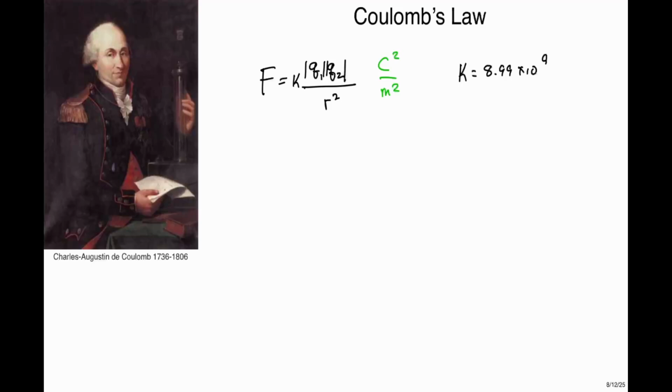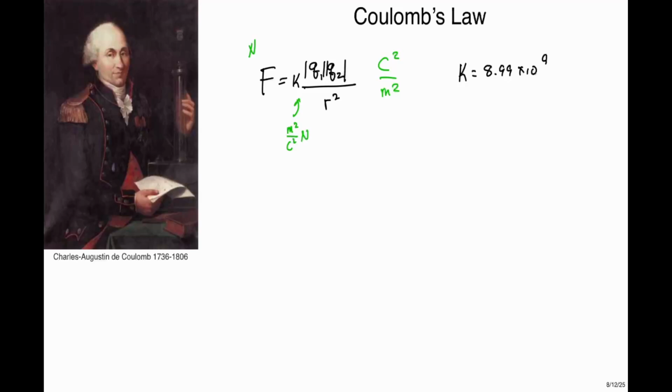And now we've got to fix the units. What do the units of this thing have to be? Well, we know that the force has to come out in newtons, so this side has to be newtons. So what we need this K constant to do is cancel out a charge squared and cancel out a meter squared and end up with a Newton.